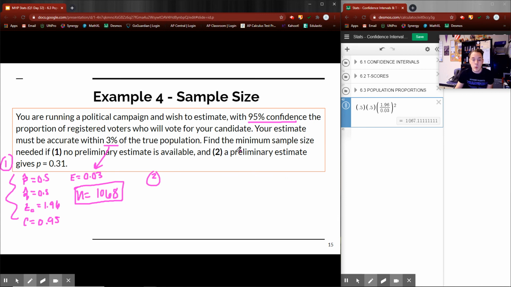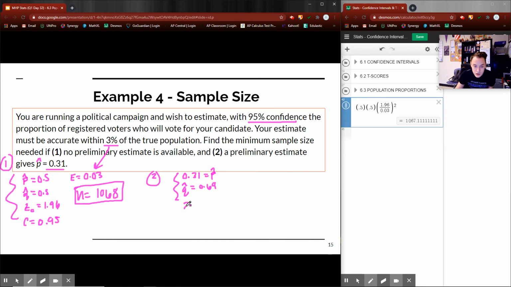For my second one, what if the preliminary estimate is as follows, with my p hat being 0.31. So that means a lot of stuff actually does change. So if 0.31 is my p hat, that means my q hat is going to be the complement of that, and that means it's going to be 0.69. That's my q hat.